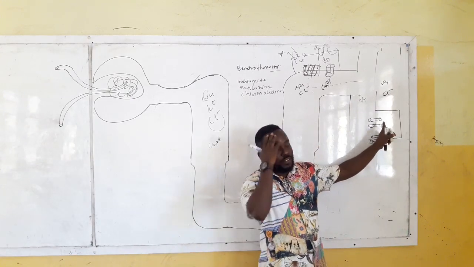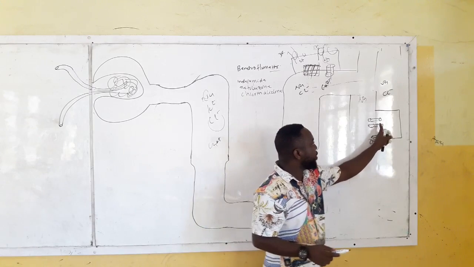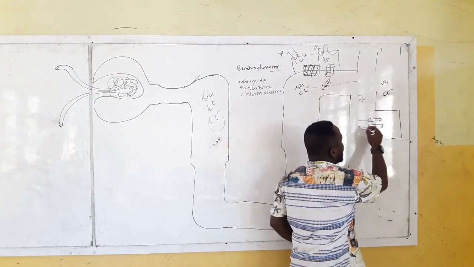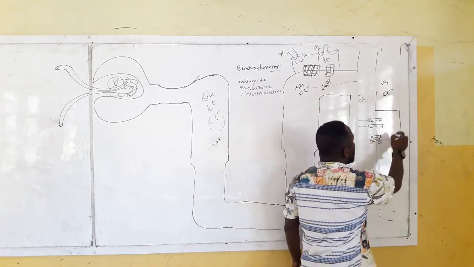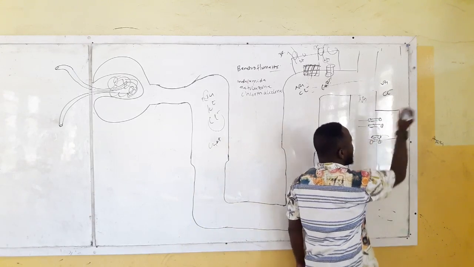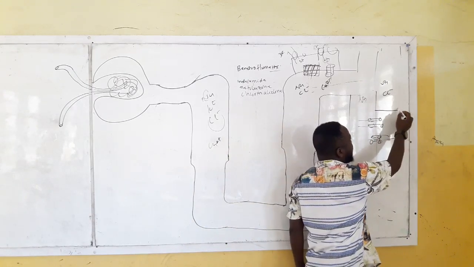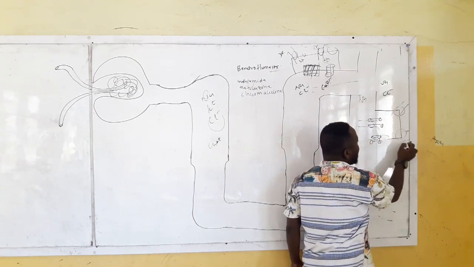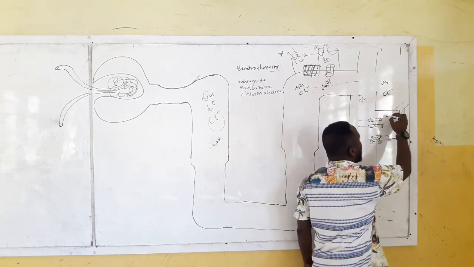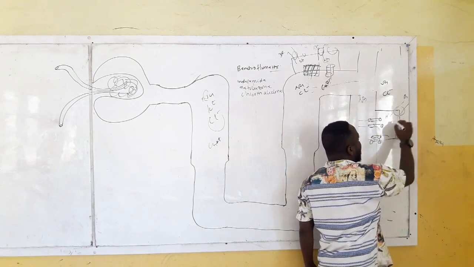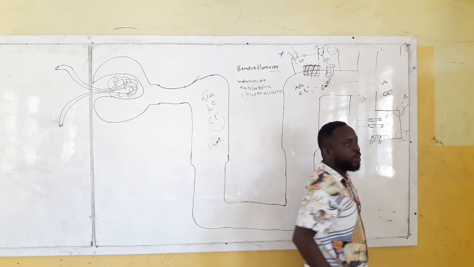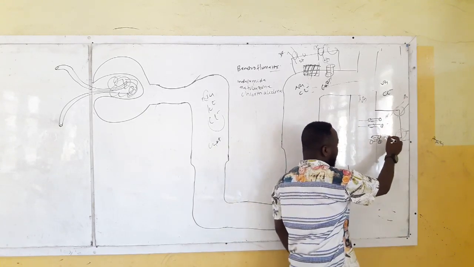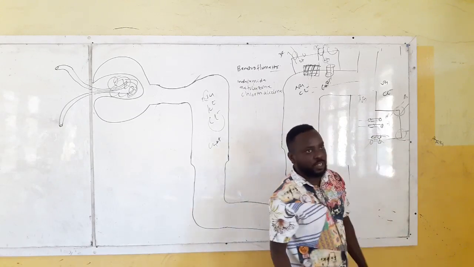Once we are taking in sodium at the principal cell, we are also going to lose potassium. Don't forget that at the basolateral membrane we have the sodium potassium ATPase that constantly pumps sodium back into the blood in exchange for potassium. And when potassium comes, we lose potassium through this potassium channel.